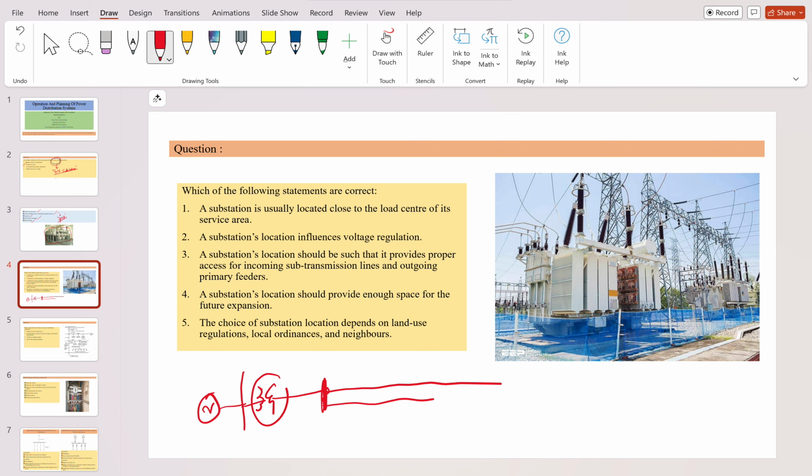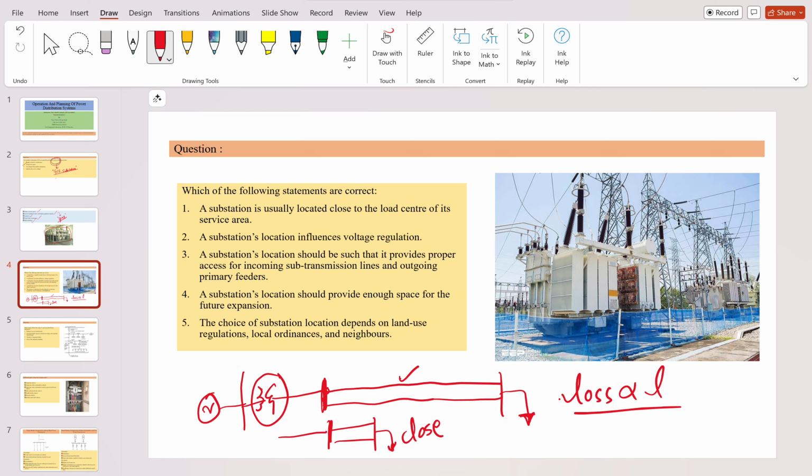Suppose this is the substation, you have a substation transformer and different equipment, and you are closer to the load. This is the line which you are using. This line is farther from the load center, and this is closer. The losses are proportional to the length. As the length increases, the losses will increase.